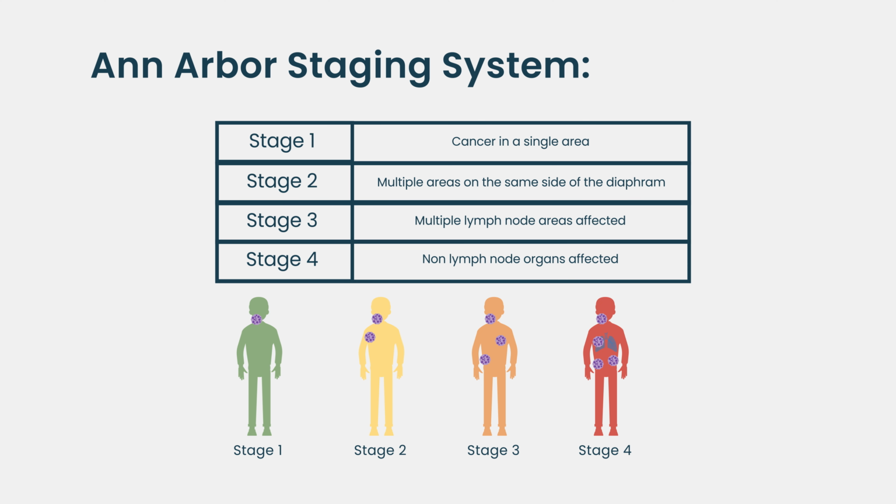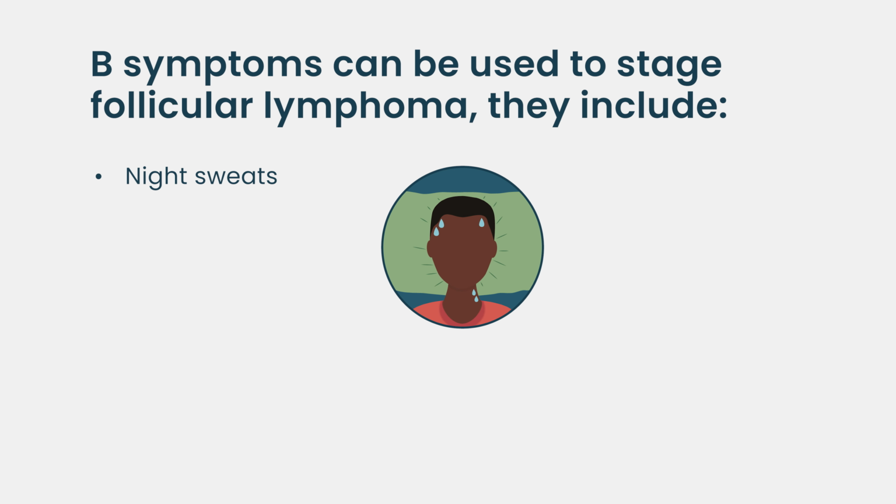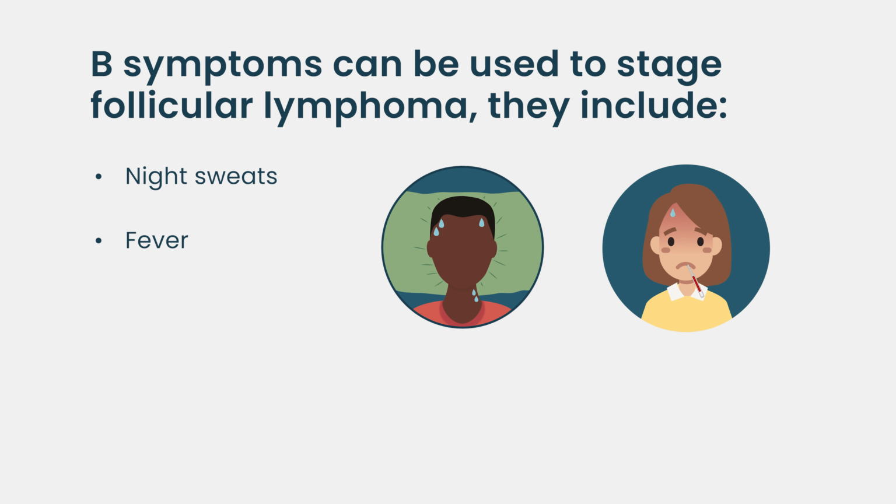There are things sometimes we'll ask patients and incorporate into the staging schemes, such as whether they have what's called B symptoms. B symptoms are things that come up as part of the body's reaction to lymphoma being in the body. Most often those are things like night sweats, really drenching night sweats where patients have to change their clothes or bed sheets. Sometimes there can be elevated temperatures, so fevers.